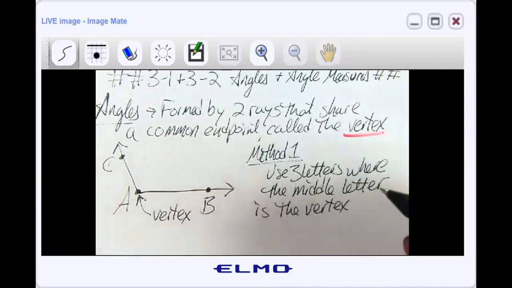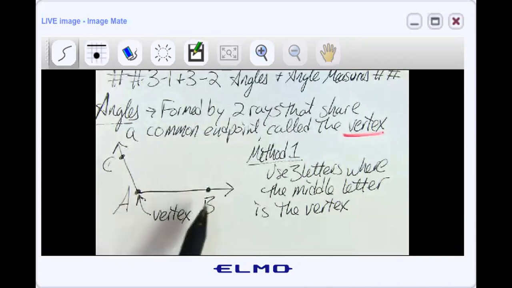The other two, you're just going to pick one from each ray. And it doesn't even matter in what order you do it. As long as A, in this case, is the middle one. Whoever is the vertex has to be the middle. So, for example, you could call this angle CAB, or you could call it BAC. You can go forwards or backwards as long as A is in the middle. All right?